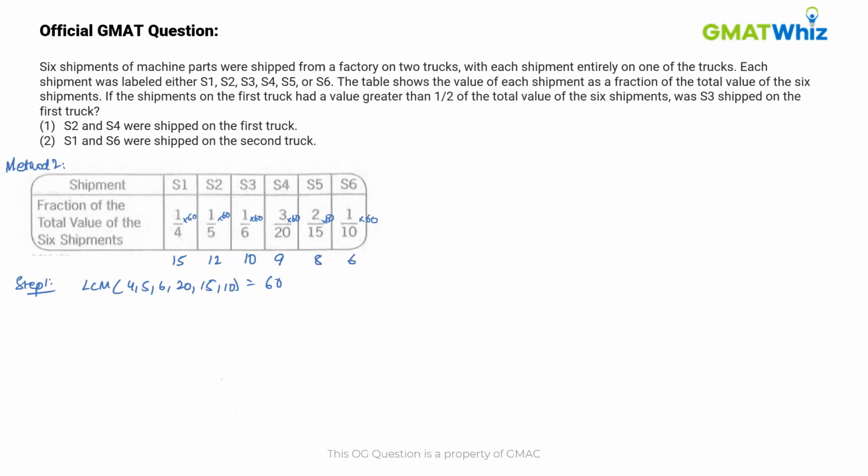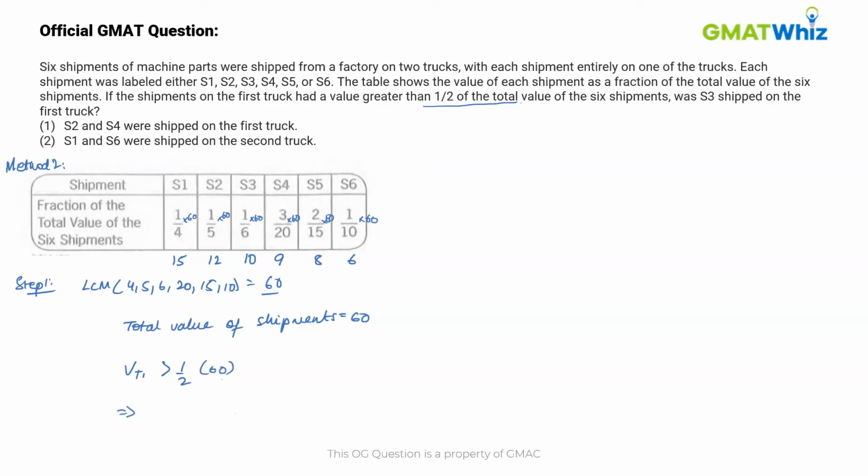Also, since the LCM is 60, we know that the total value of all the shipments is equal to 60. Now, in the question, we also have that the first truck had a value greater than half the total value. That means the value on truck 1 is greater than half of 60.